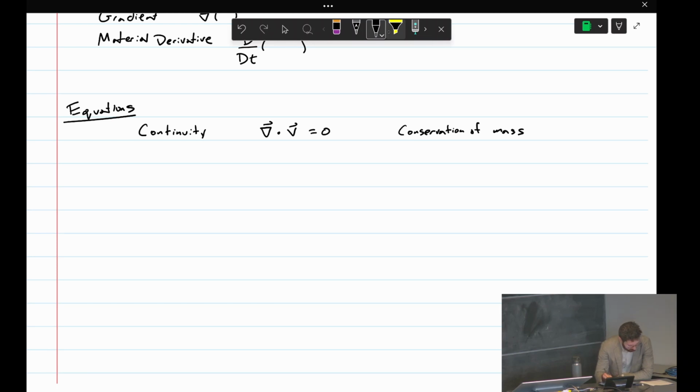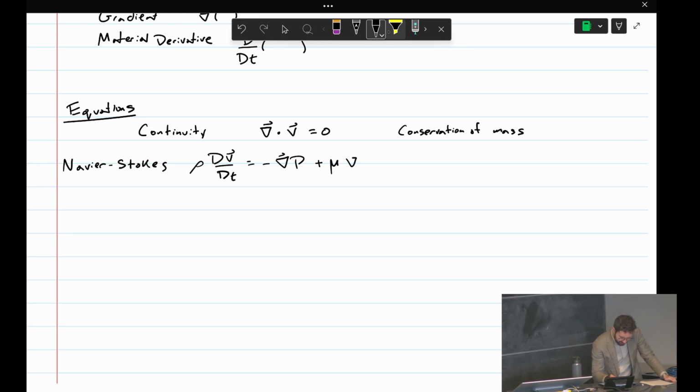We also talked about Navier-Stokes. The Navier-Stokes equations are rho times the material derivative of the velocity plus mu times the Laplacian of the velocity field. So actually that's usually notated like this.